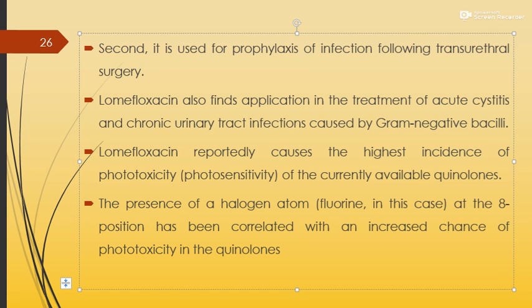And second, it is used for the prophylaxis of infection following transurethral surgery. Lomefloxacin also finds application in the treatment of acute cystitis and chronic urinary tract infection caused by gram-negative bacilli.